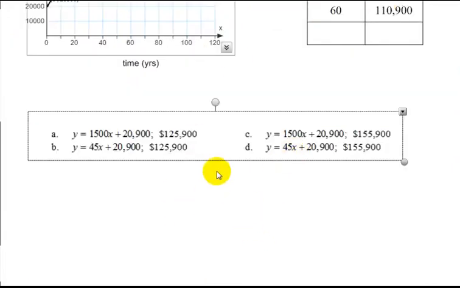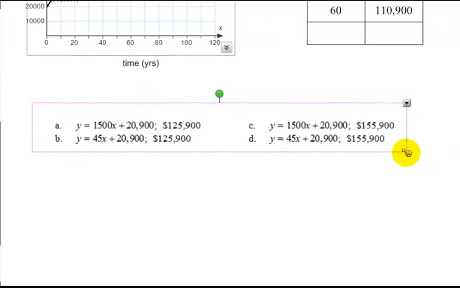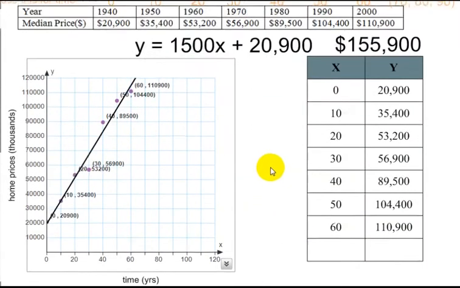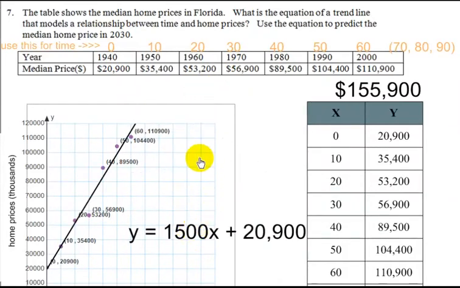I want to add a point here. Remember, you're taking a multiple choice test, and this is some sample answers that you could get on your test for this particular problem. Now remember, you were estimating a line of best fit, and everybody's estimations might be slightly different. But if we look at this, let me pull my answer down here.